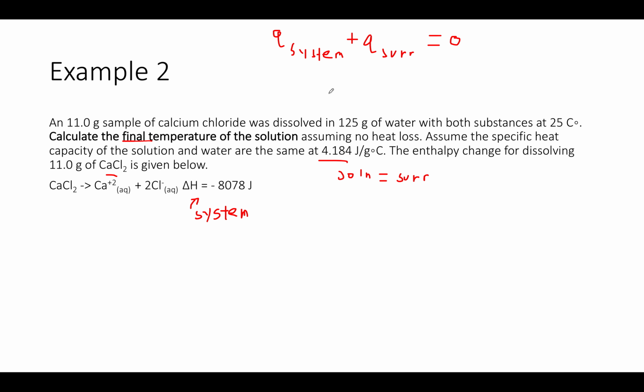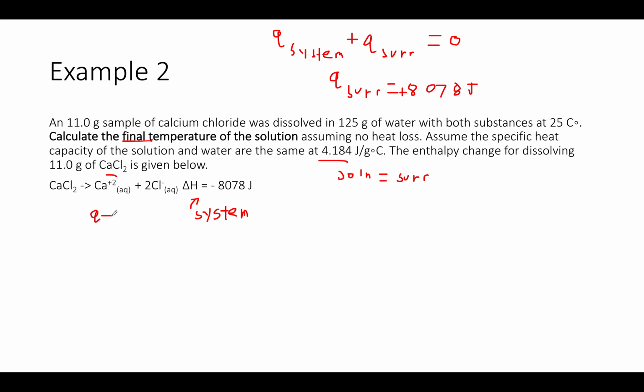You know the heat of the system, so if you solve for the heat of the surroundings, which is the solution, you just flip the sign, and you get positive 8,078 joules. So the easiest way now to get after the final temperature is to solve for delta T. So what do we know?